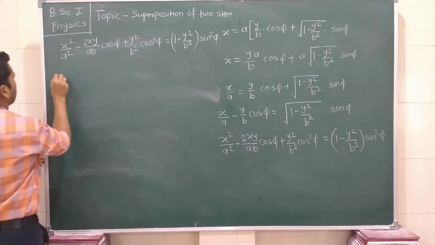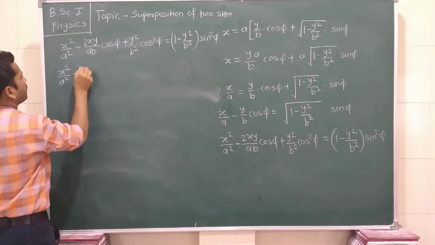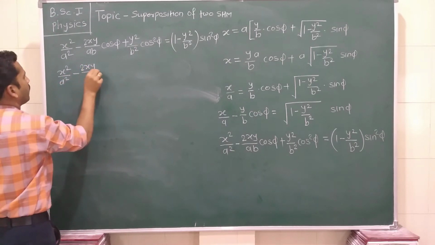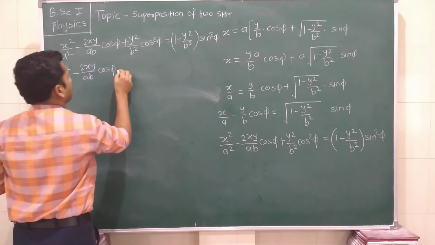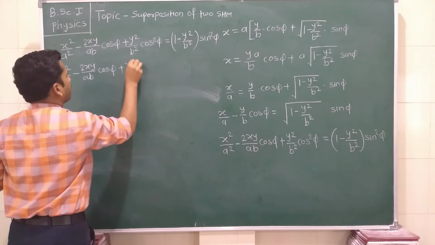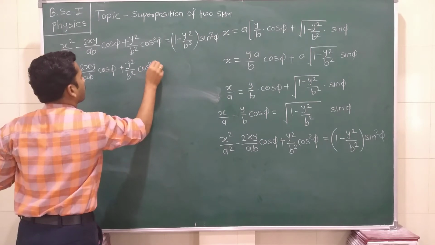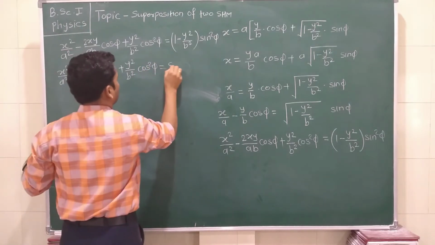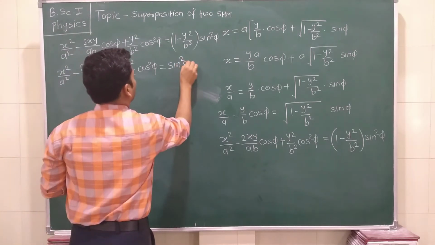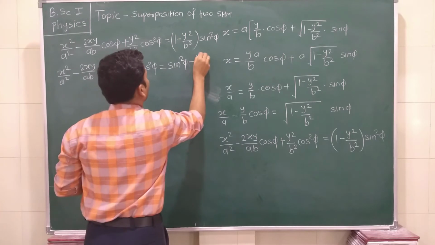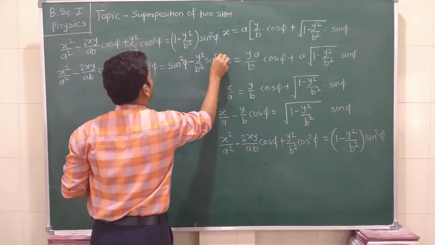So this also can be written as x square upon a square minus twice xy upon ab into cos phi plus y square upon b square into cos square phi, which is equal to sin square phi minus y square by b square into sin square phi.